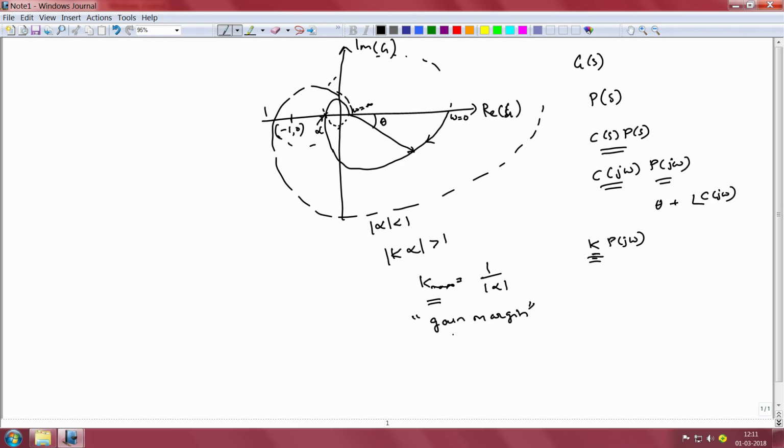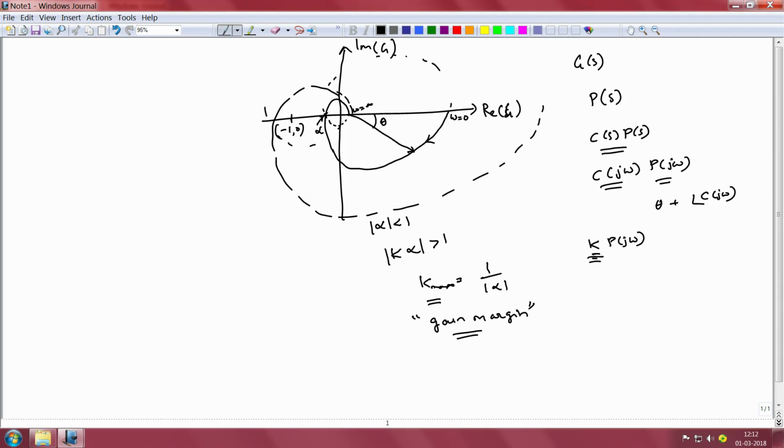And this term is sort of self explanatory, because it tells us that in our attempt to increase the gain, we should be sure that in the vicinity of the point where the Nyquist plot crosses the real axis, the gain should not be increased by an amount greater than 1 by alpha. If that is ensured, then we will still be able to make sure that our closed loop system is stable.